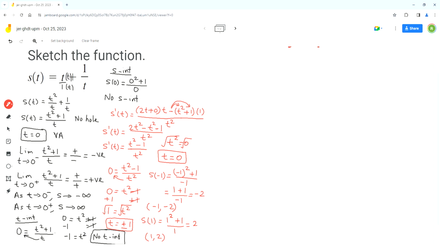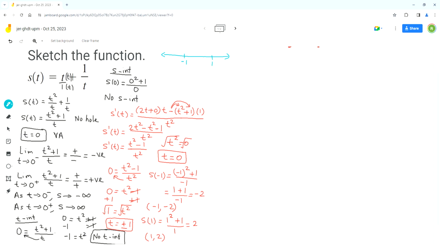Now we have to use the first derivative test to find whether the function is increasing or decreasing on both sides of these critical points. So we can use the number line method. First we can show the critical numbers, negative 1 and positive 1.